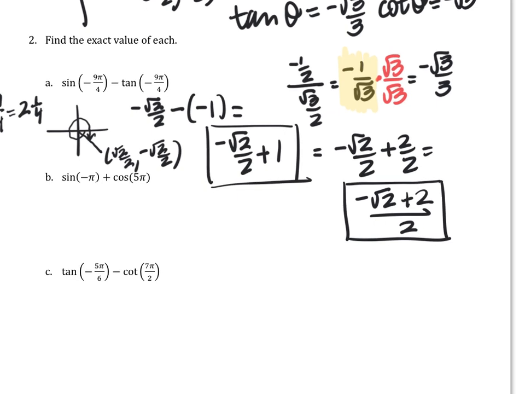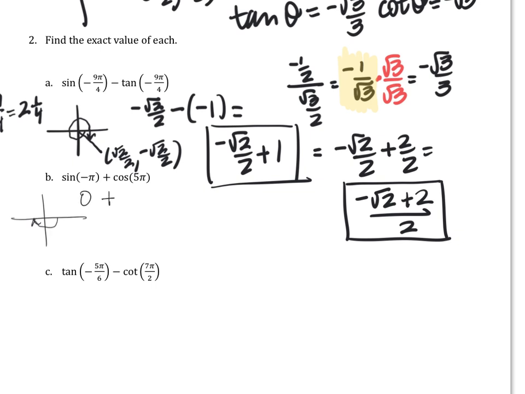All right, then on the next one, negative pi. If you think of where that is, negative pi is there. Sine there, y is 0 here, so that one's 0.